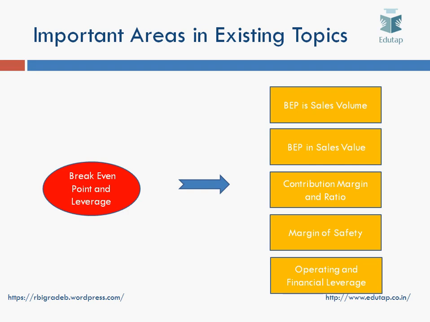So operating leverage will tell you how much profit would increase when there is a certain percentage increase in volume. Financial leverage is based on how much debt the company is having. The combination of operating and financial leverage is called combined leverage, and the numerical last year in the exam was on combined leverage.